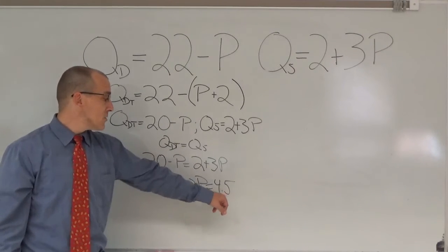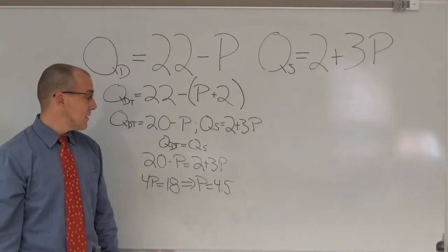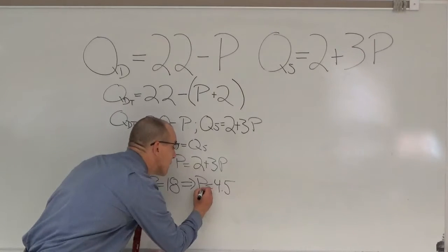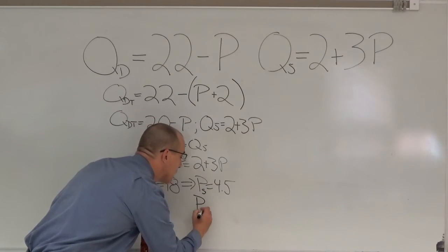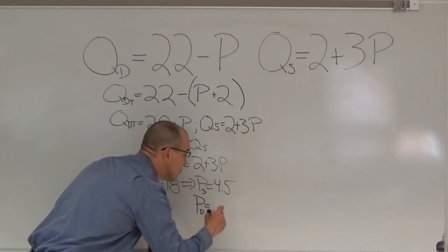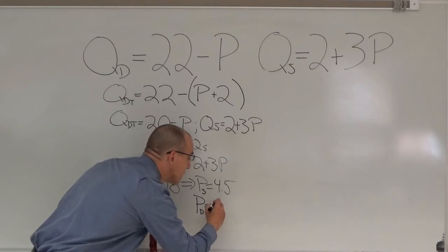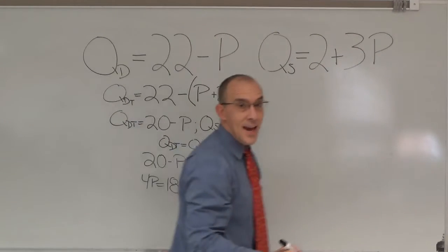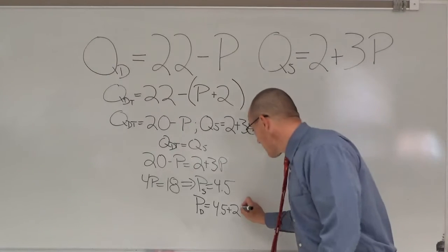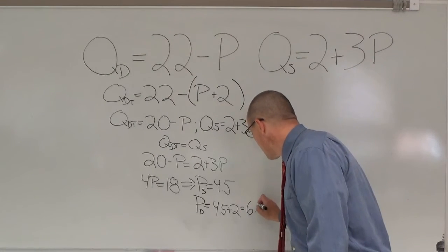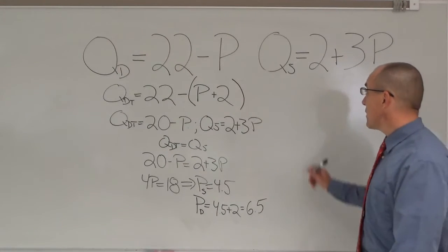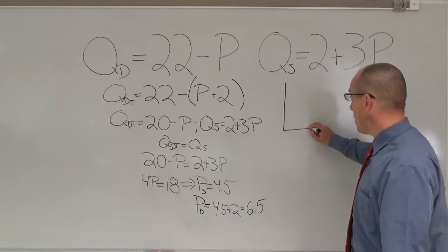The price the seller receives is 4.5. The price that the buyer pays is the 4.5 plus the $2 they pay in tax. So buyers are actually paying a price of $6.50.